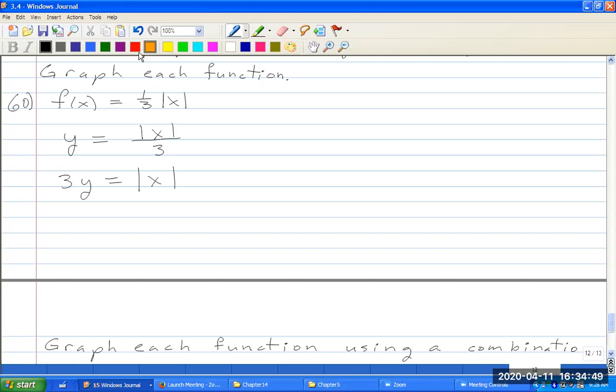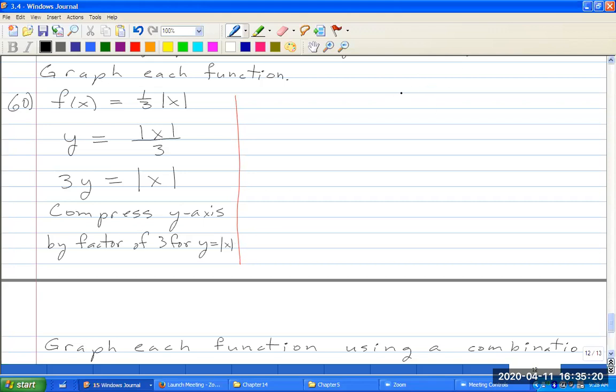Again, I'll divide this page up so I can draw it. So I'll compress the y-axis by a factor of 3 for the graph of y equal absolute value of x.